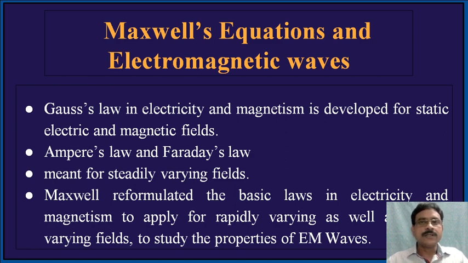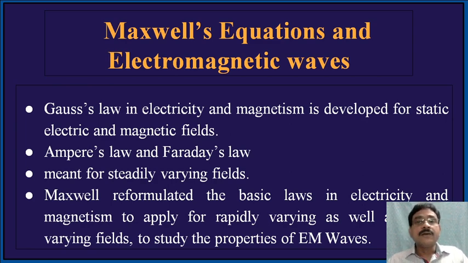But we know Gauss law in electricity is developed for the static electric field. Gauss law in magnetism is developed for the static magnetic field, whereas Faraday's law and Ampere's law are developed for steadily varying electric and magnetic fields.